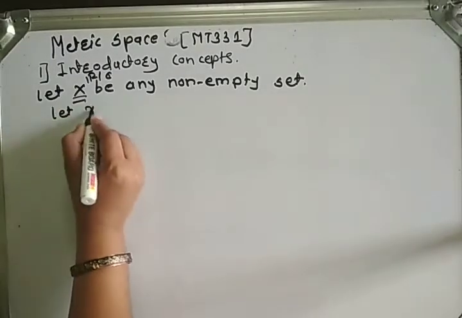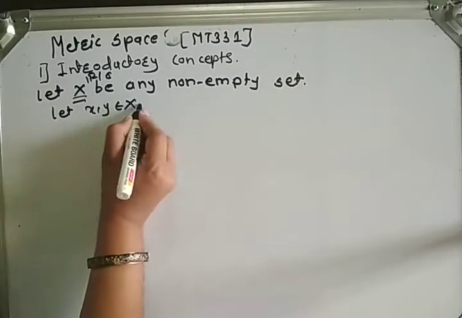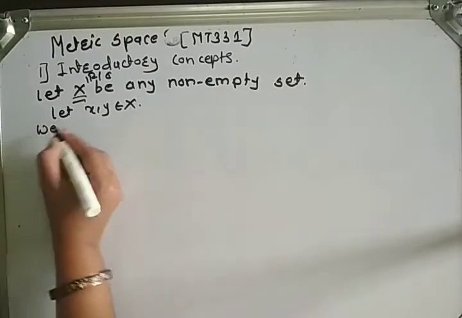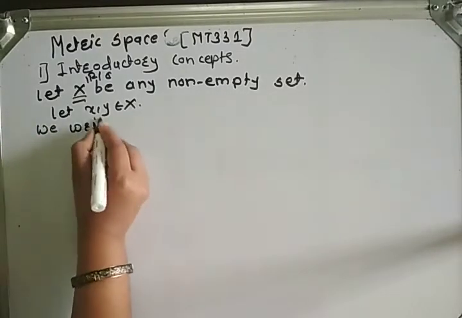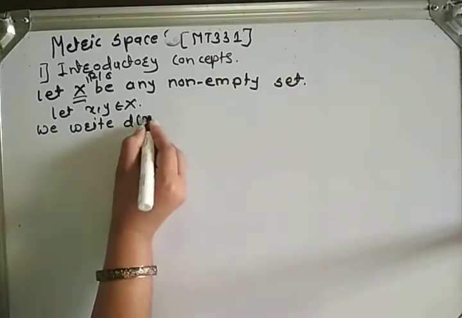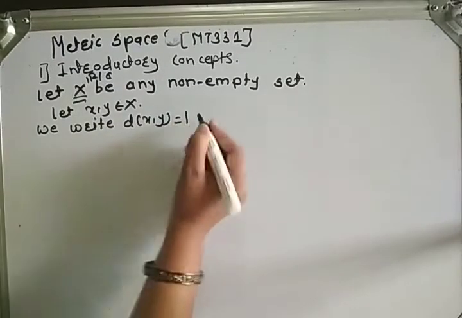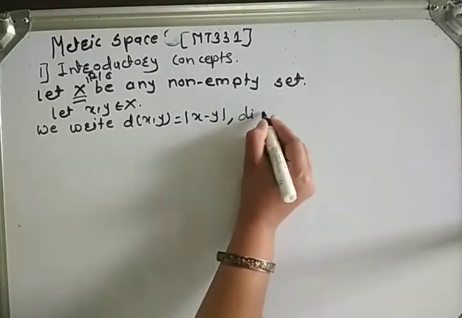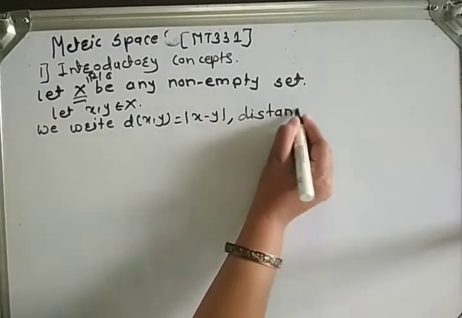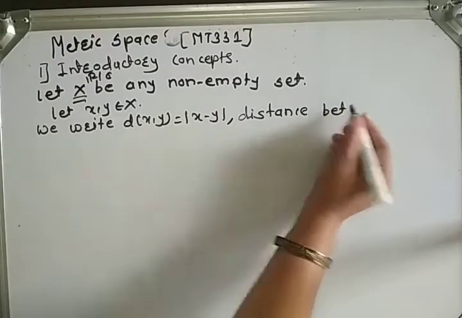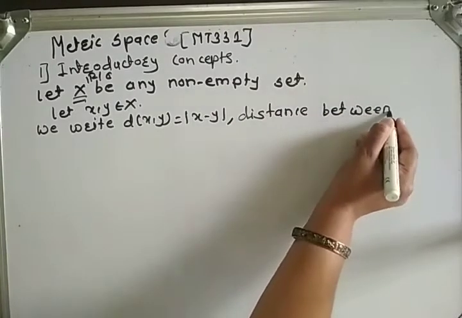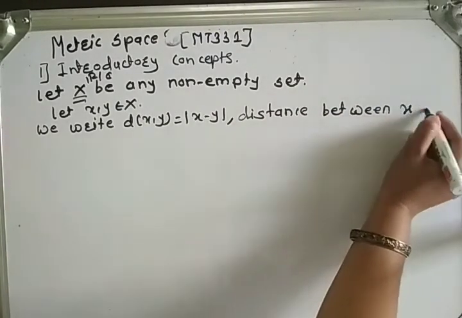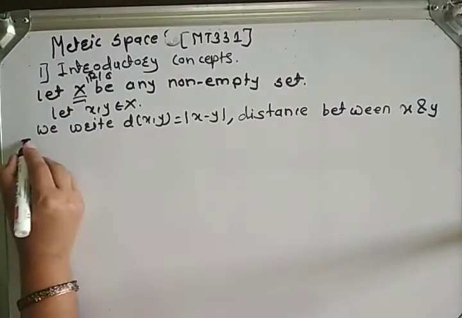Let x, y belong to capital X. We write d of x comma y is equal to mod x minus y, the distance between x and y.